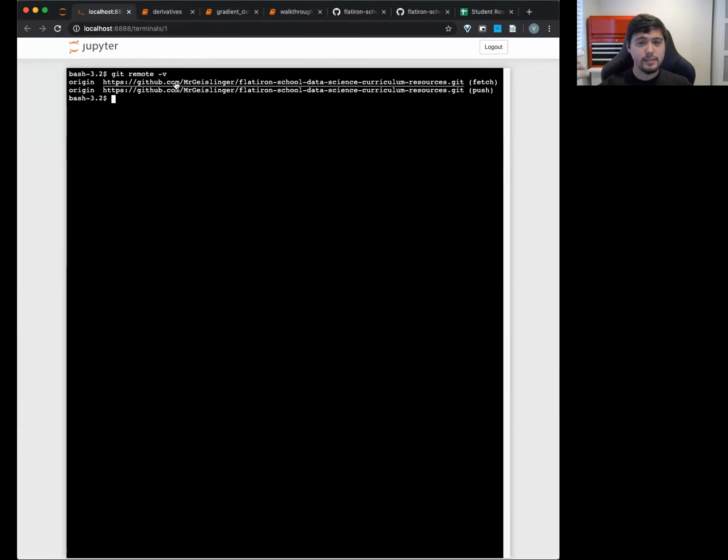If you fork it, you will have your own repo, but you'll have to add the original repo. So you'd do a git remote add, and then let's say old fork, and then the repo name of that original fork.